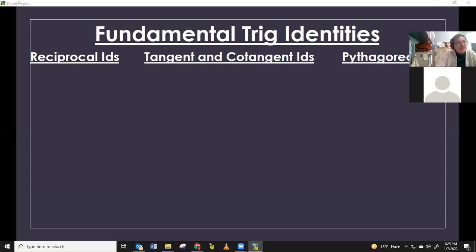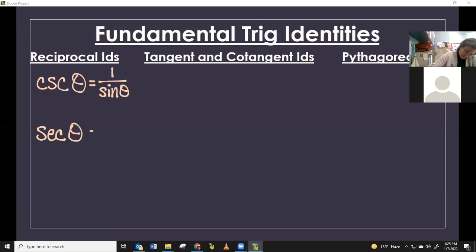We have 6 reciprocal identities. 3 of them are considered fundamental. Our 3 fundamentals: cosecant theta, that is the reciprocal of sine theta. Secant theta is the reciprocal of cosine theta.